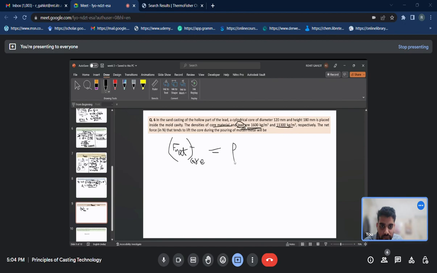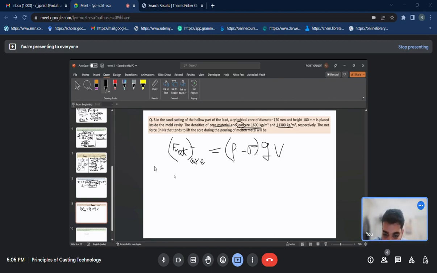If you balance the force equation, the net force on the core equals the density of the material being filled, 11,300, minus the density of the core material, multiplied by the gravitational acceleration times the volume of the material being filled.